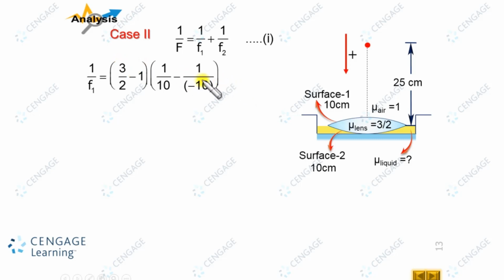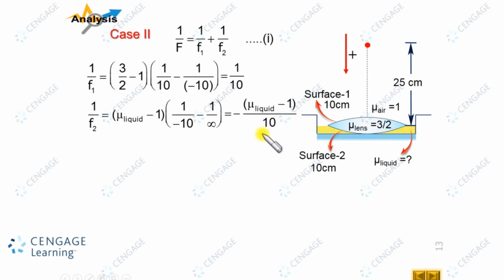After calculation this is equal to 1 by 10 centimeter to the power minus 1, in centimeter we are calculating. And for the second focal length, that means the plano-concave lens of refractive index mu liquid, we can write 1 upon F2 equal to mu liquid minus 1 in bracket of minus 1 divided by 10 minus 1 divided by infinite. And after calculation we can write minus mu liquid minus 1 divided by 10.